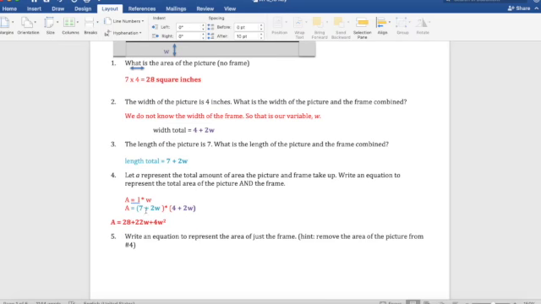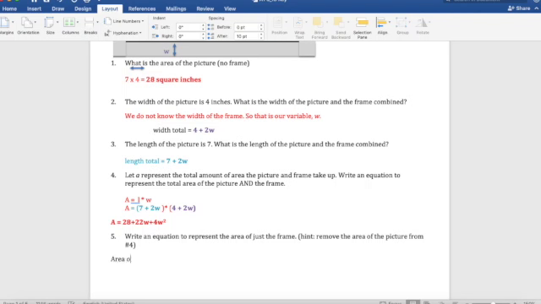All right, so we have the total of area as this equation by multiplying our length and our width. So now we're going to write an equation to represent the area of just the frame. And to do that, we're going to remove the area of the picture. Remember the area of the picture from question 1 was 28 square inches.